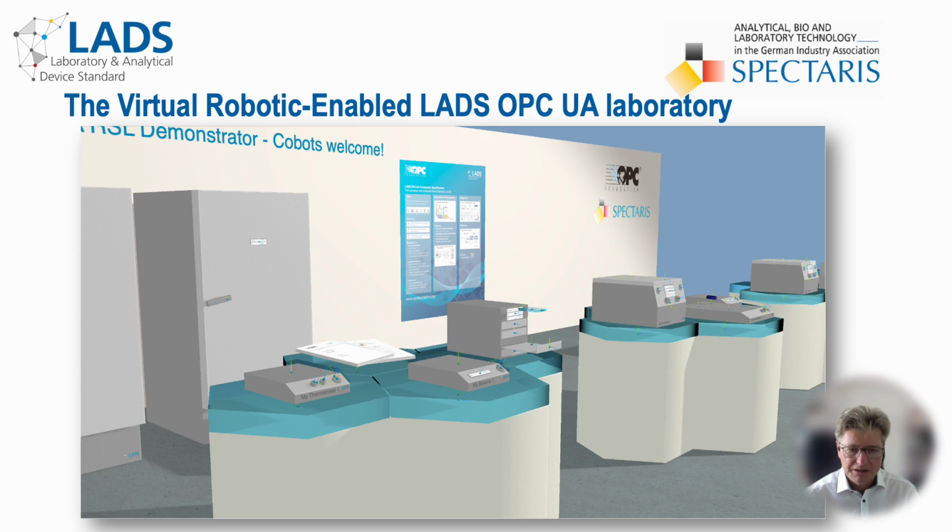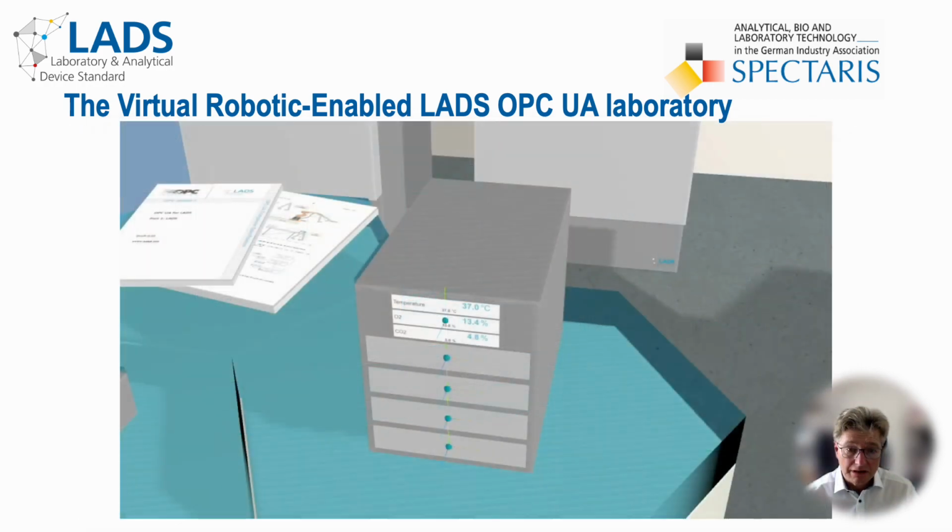The entire scenery, including devices, their process values, set points, states and geometrical positions are automatically generated and controlled based on the OPC UA information model. Here we are in the virtual LETS OPC UA robotic laboratory. As you can see, the companion specifications for LETS OPC UA and relative spatial locations are placed on the benches.